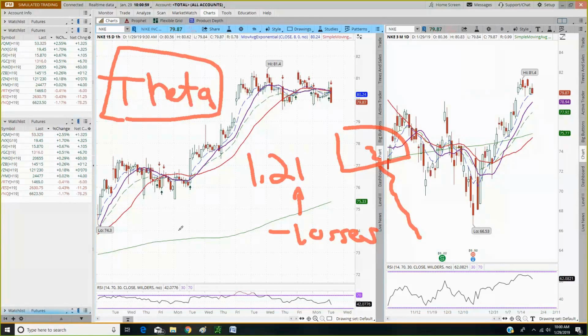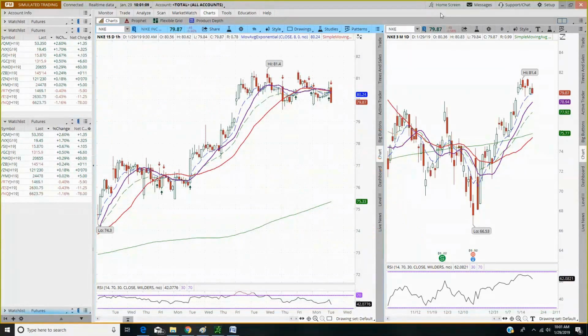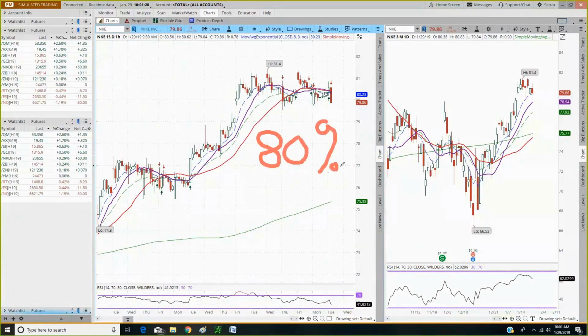Guys, write this down. Stick it on your refrigerator. Stick it everywhere. Here is the rule of thumb no matter what with a vertical spread. When you get 80% of your maximum gain, you buy it back.